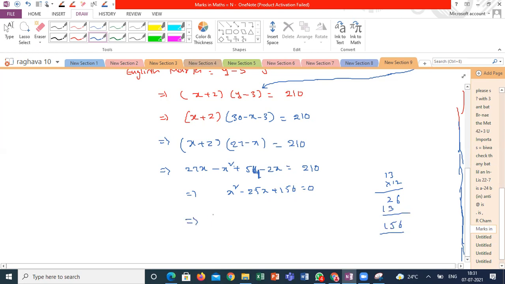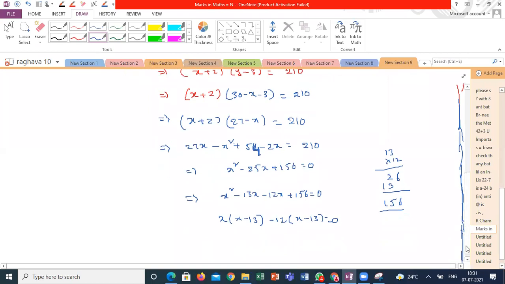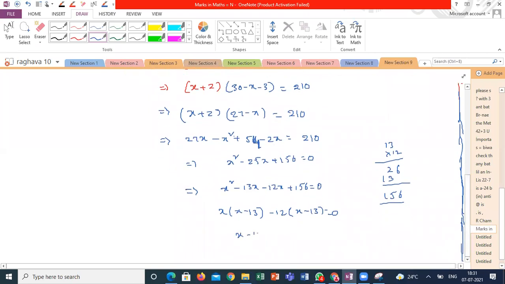If you are unable to find the factors of 156, right away you can go for the formula method without wasting time. x square minus 13x minus 12x plus 156 is 0. Taking x common, x minus 13, and minus 12 common, x minus 13 is equal to 0. So x minus 13 into x minus 12 is equal to 0. So x is equal to 13 or 12.